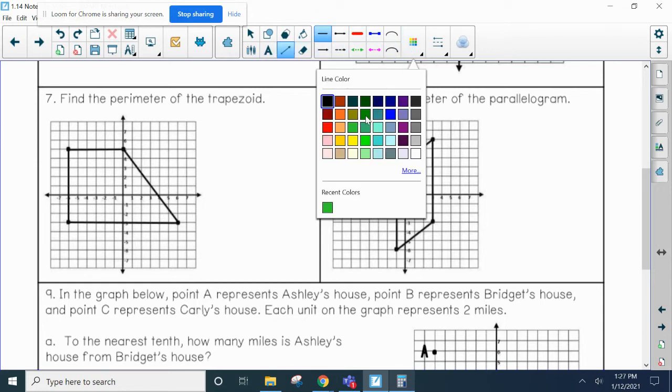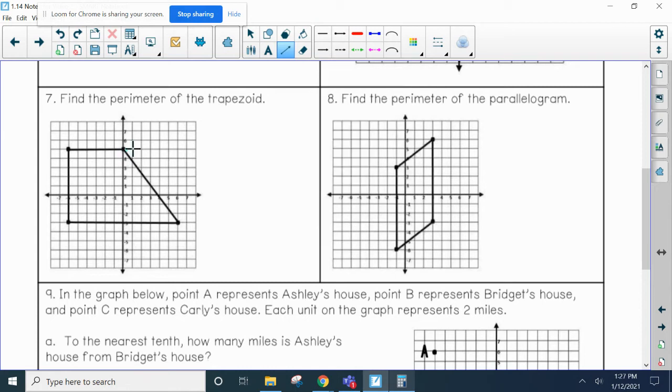So I'm going to go ahead and make a triangle. We could go this way and this way, with this being our diagonal. Or we can say here, here, and here, this being our triangle. So I'm going to go ahead and do that. Either way, we're going to get the same answer.